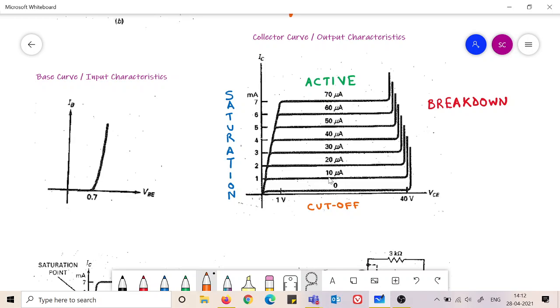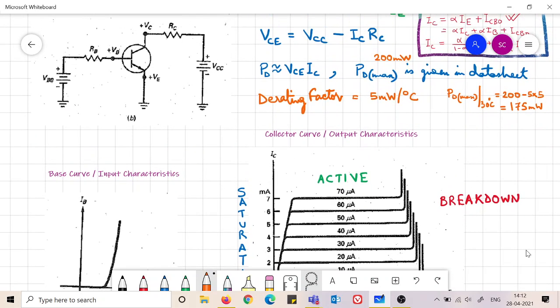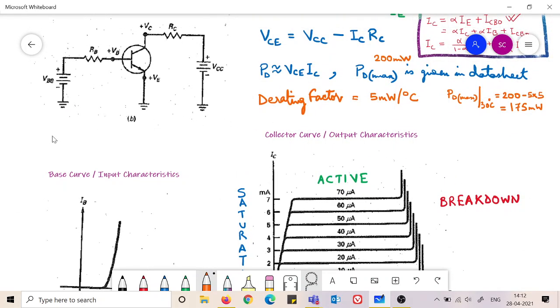So if someone asks you to plot the collector curve, or the output characteristics of a BJT, for suppose 25 microampere of base current, what will you do? You will have to bias the circuit in such a way that you get 25 microampere in this particular circuit. So you choose your VBE, which is known and always fixed, and you choose your VBB and RB in such a way that you get 25 microampere here.